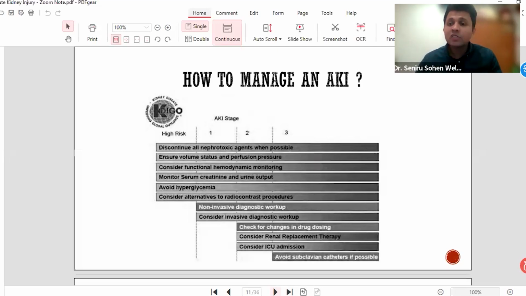Urine-wise, we would be doing a urine analysis in the form of a UFR, where we'll be selectively looking for certain elements to see whether the patient is having any evidence of glomerulonephritis or acute tubular injury. If you're having glomerulonephritis, as I mentioned earlier, you can have features like red cells, red cell casts, or dysmorphic RBCs, which we'll have to ask for separately with a separate investigation.